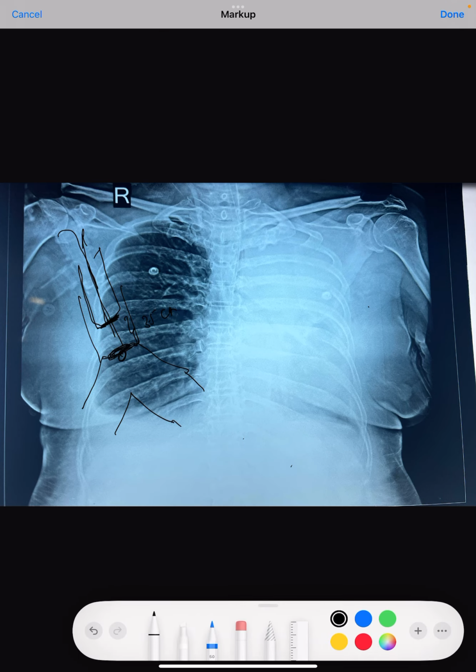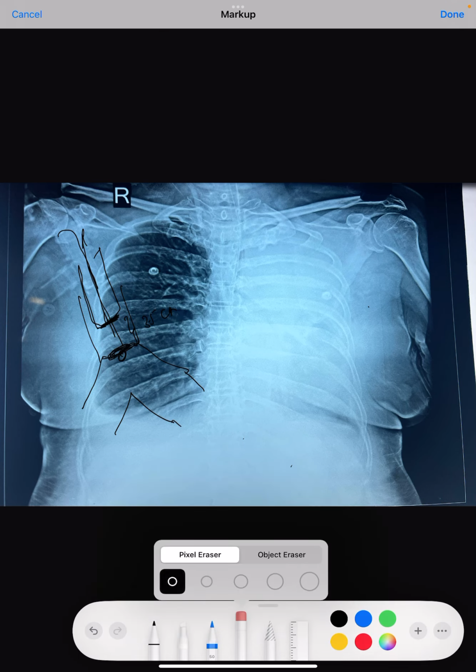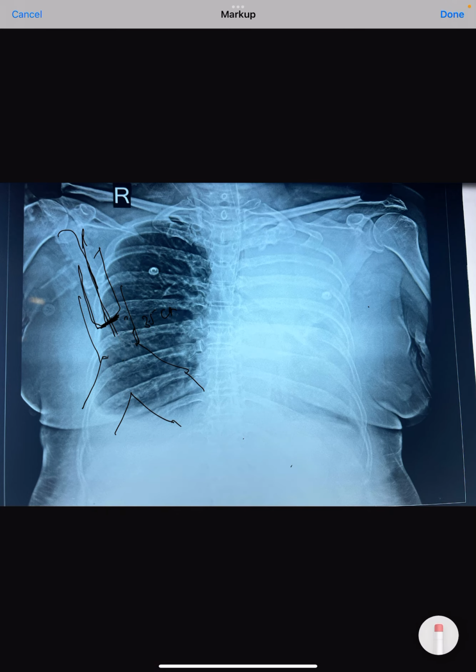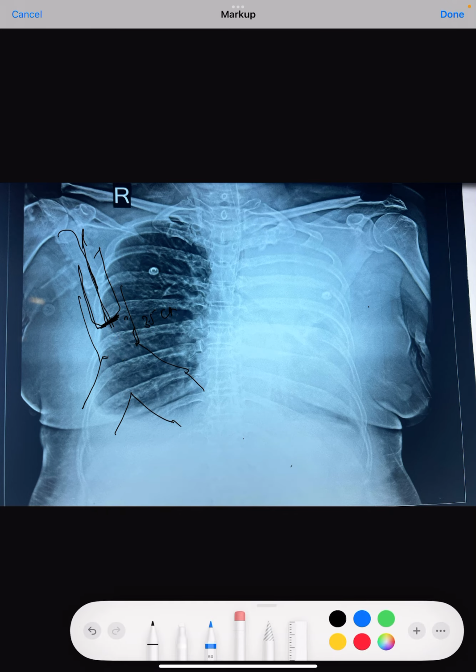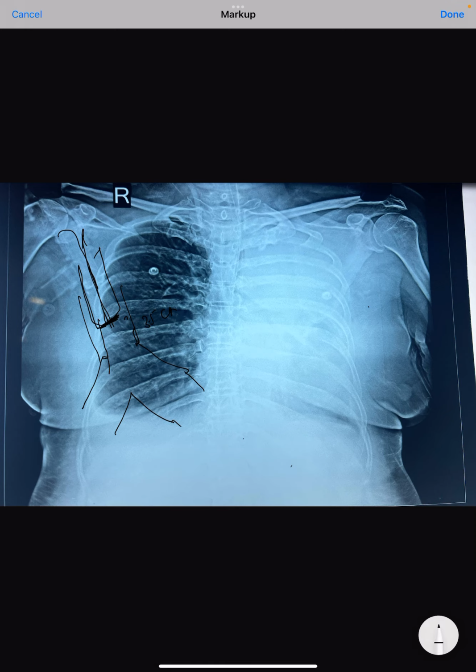But what commonly happens is, if mistakenly this endotracheal tube is put down into the right side, then on the left, nothing can go out, because this is almost completely blocking the airway, and you have inflated the balloon here.